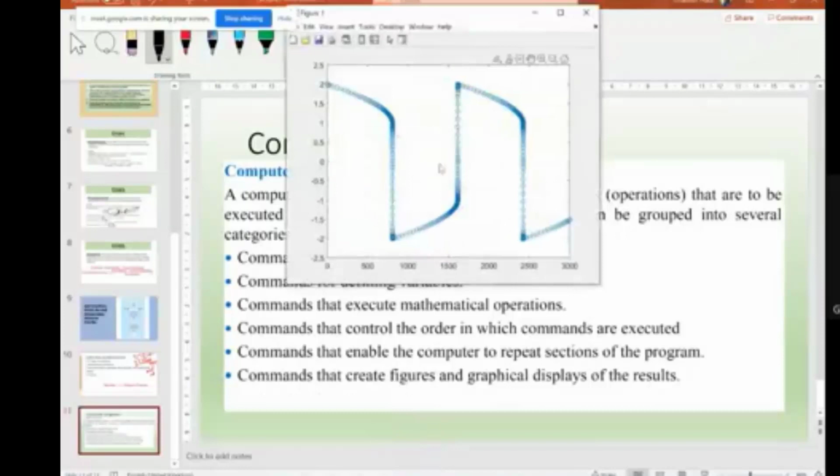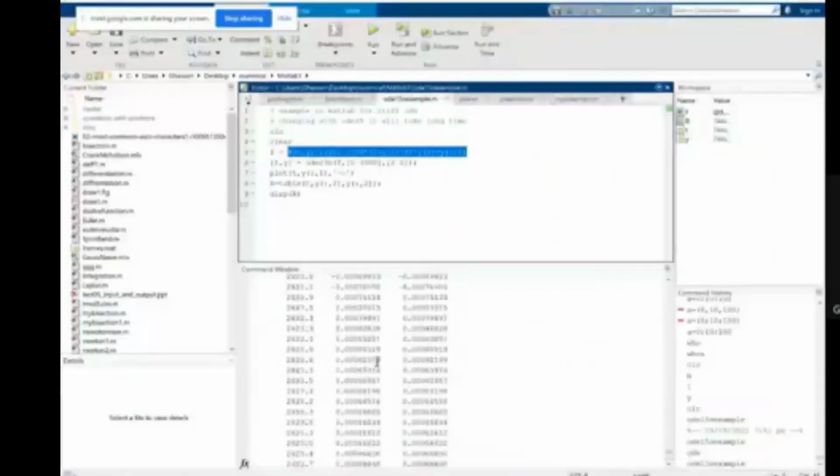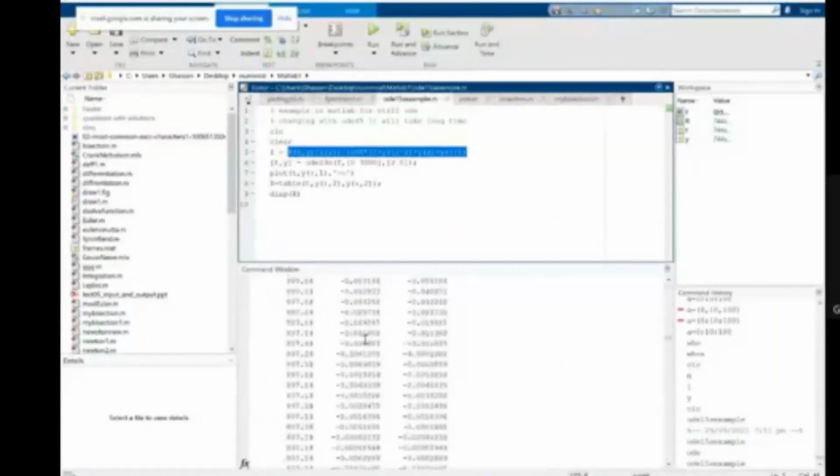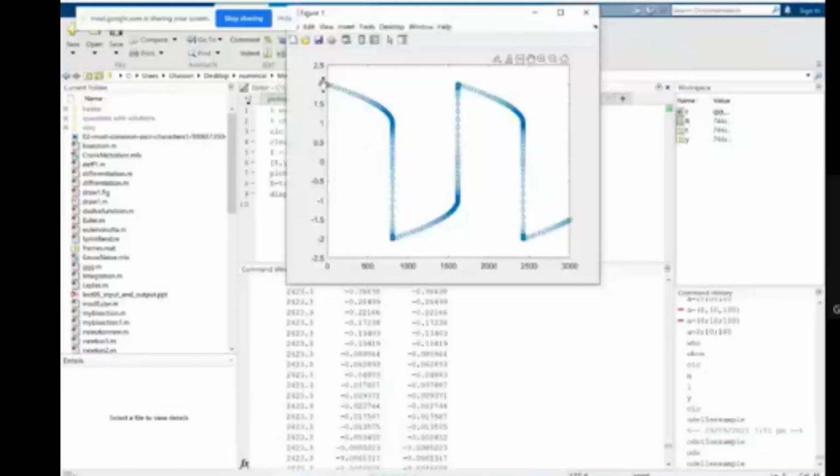This is the graph to display your results. You don't need, for example, to see this table. This is the result of our solution, but it is not as clear as the figure.